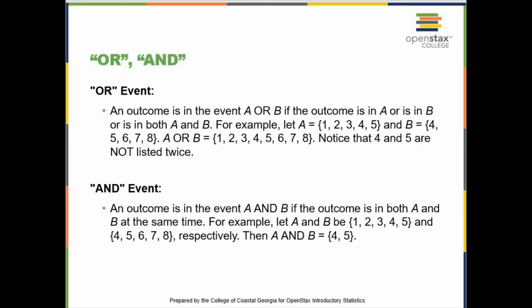If you are dealing with an and event, an outcome is in the event A and B if the outcome is in both A and B at the same time. For example, with the previous events A and B, the event A and B is equal to 4 and 5, since 4 and 5 occur both in A and in B.